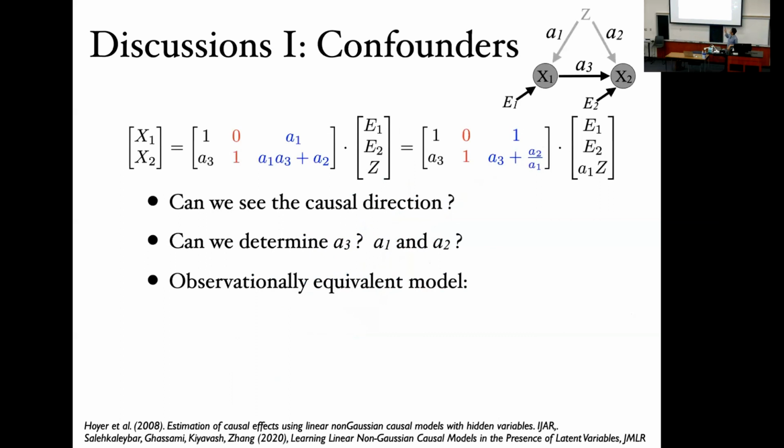Okay, let's look at this very simple example. Again, 2 variable case. You have x1 and x2 with the latent confounder z. You measure the values of x1 and x2. In this case, in the linear non-Gaussian case, what can we recover?